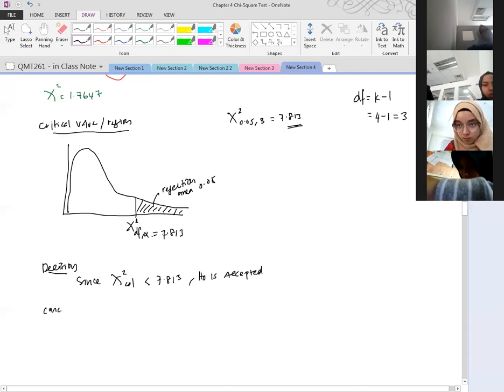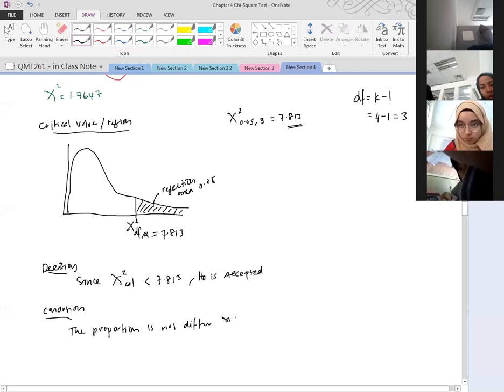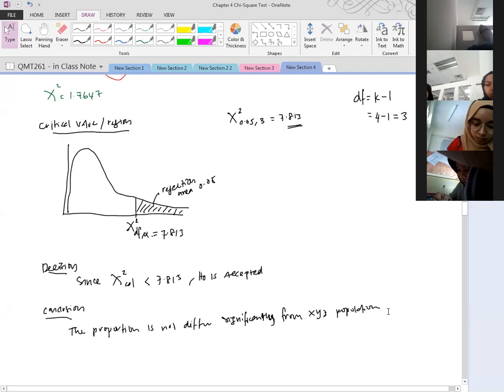And the conclusion is, we conclude that the proportion does not differ significantly from the XYZ population. So that's how we do the goodness of fit test, right?